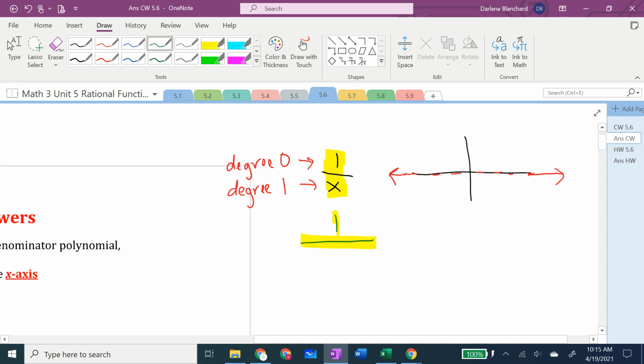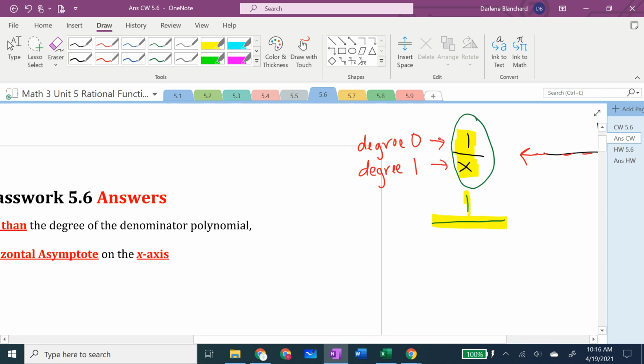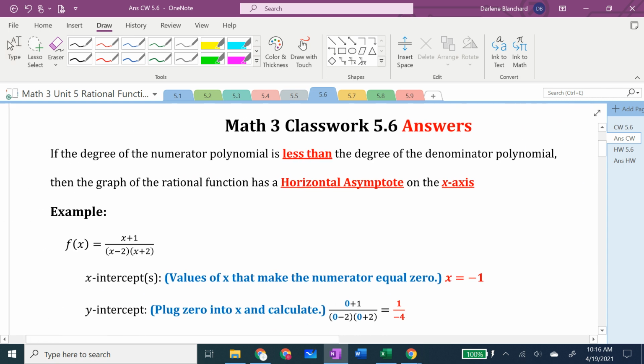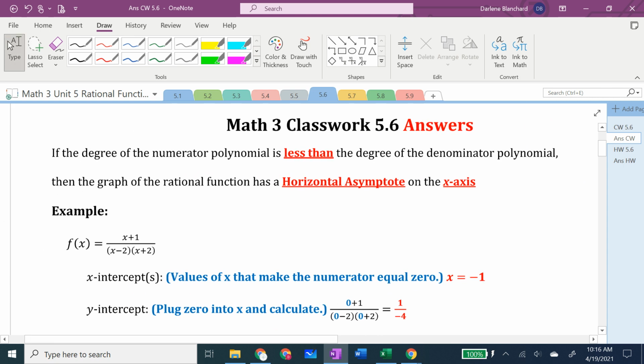If the degree of your numerator is less than the degree of your denominator, you are dealing with a ratio that is heading to 0 if you plug in super large values of x, be them positive large or negative large. So that's our focus today, is just numerator is less degree than the denominator. We're going to take this a next step later, but right now that's the whole thing.